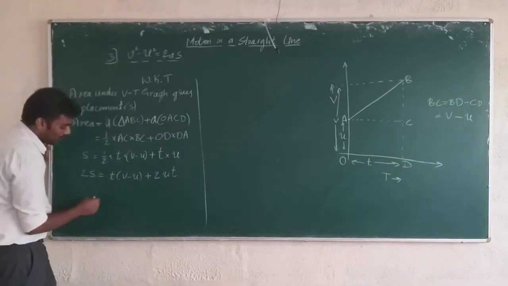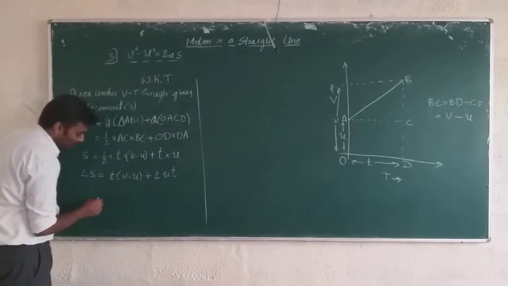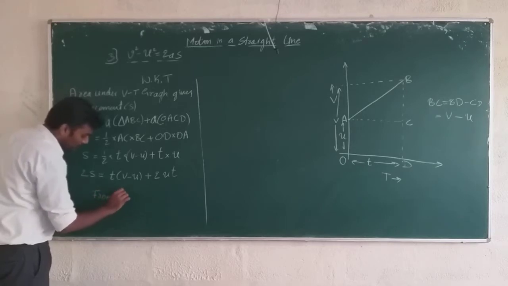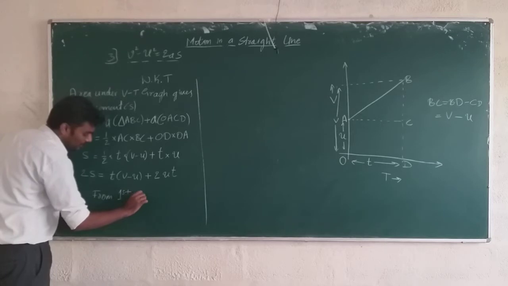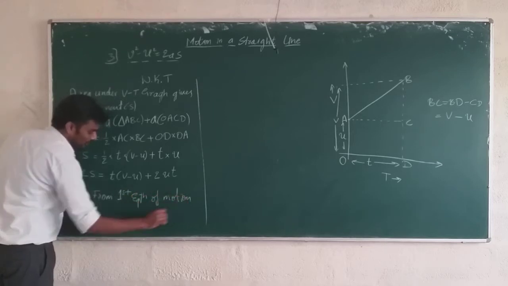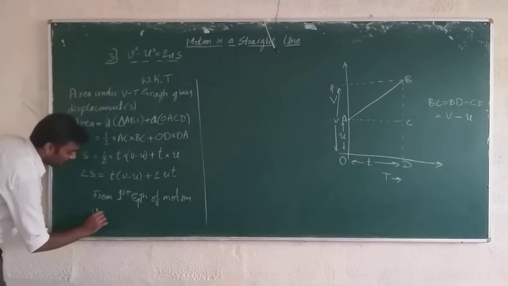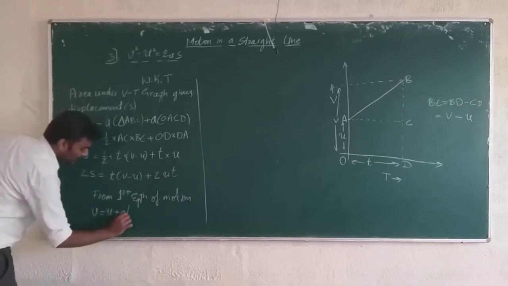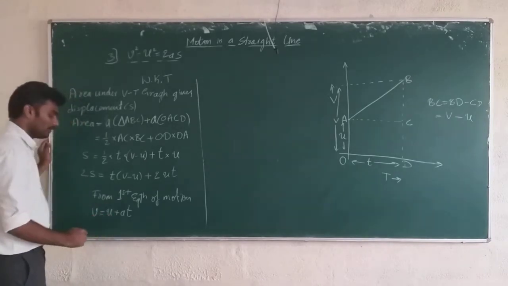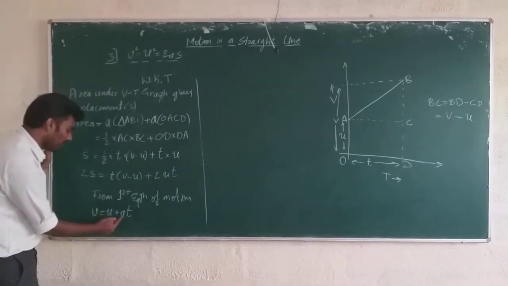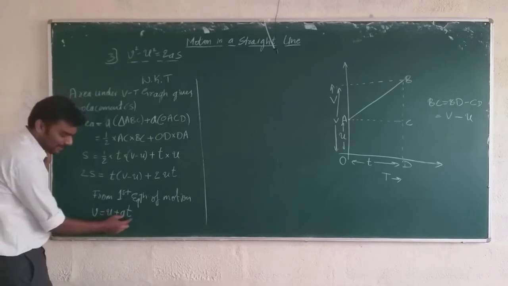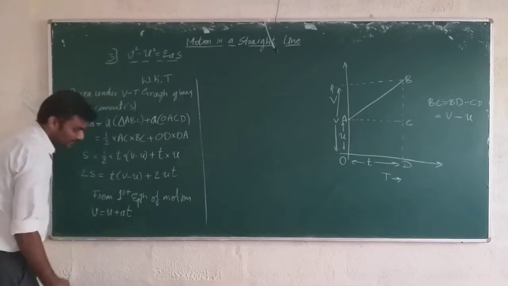How do I remove it? I'll again make use of the same formula from the first equation of motion. What we have is V is equal to U plus AT, right? And from this, A becomes equal to (V minus U) by T. It's just rearranging the terms.